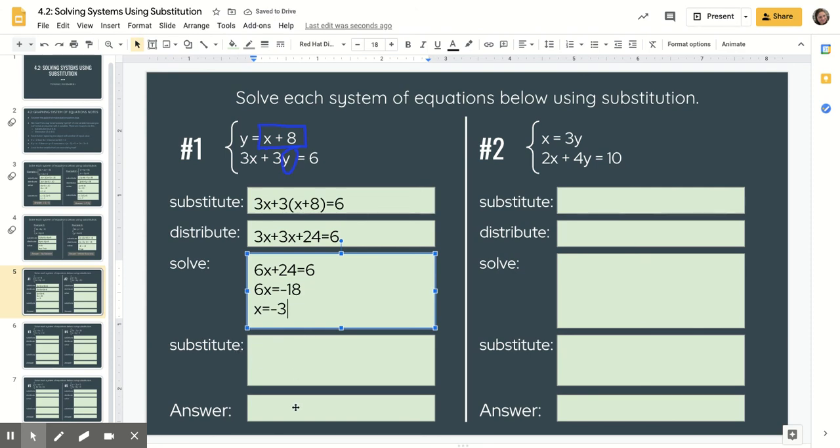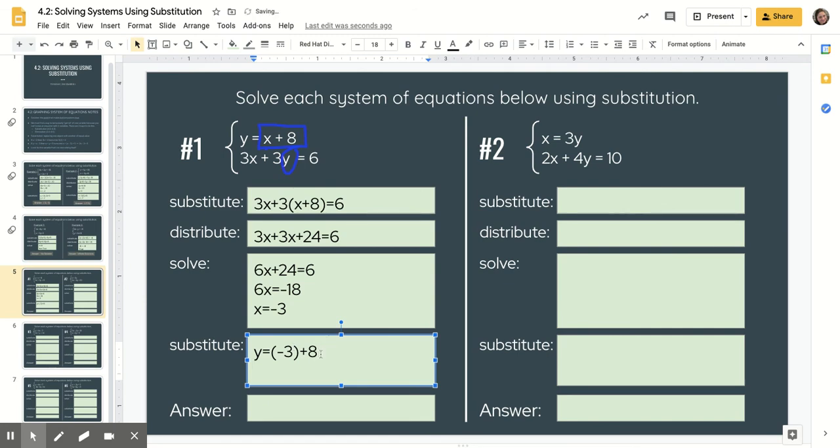That's my first answer. Then I'm going to plug this negative 3 in for x right here where I have it circled. So it's going to be y equals negative 3 plus 8. I'm plugging negative 3 in for x in parentheses because I always use parentheses.